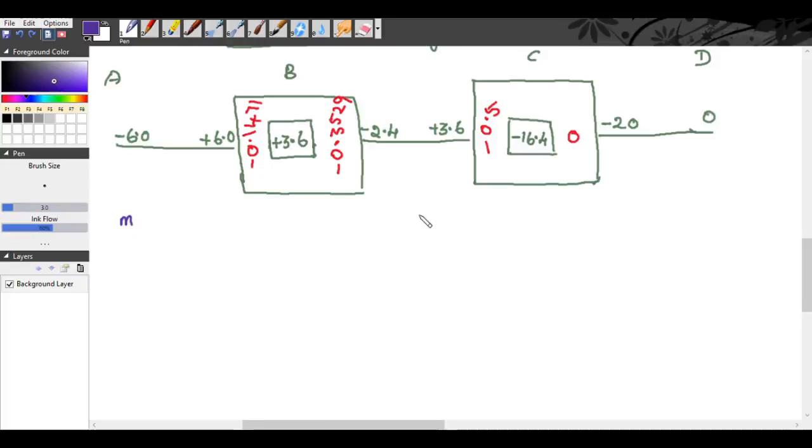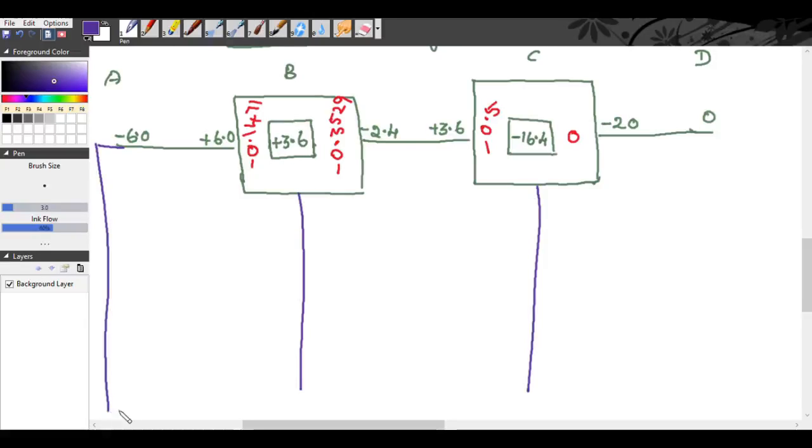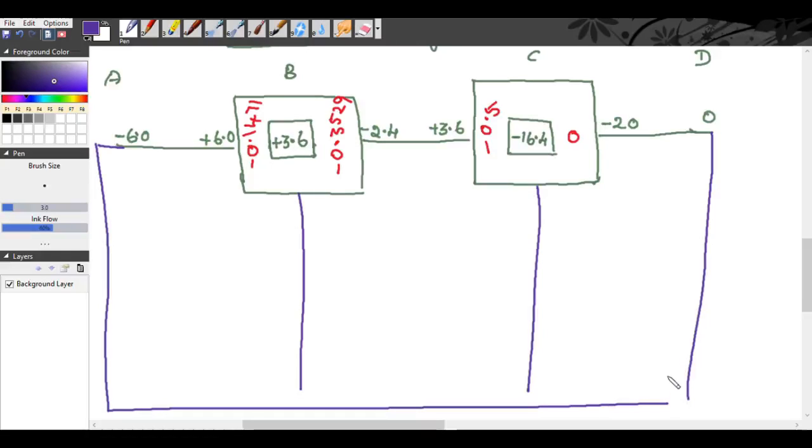We will draw the lines at B and C, at A and at D. We will go for some 5 or 7 iterations.